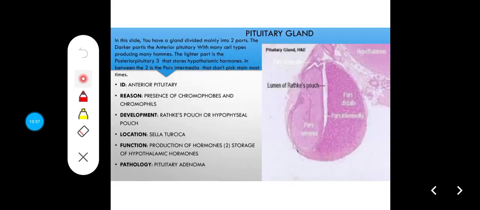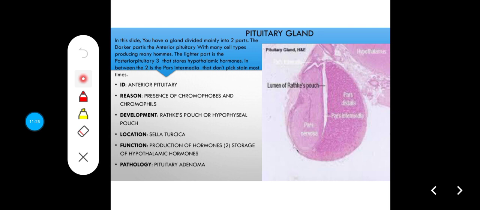Okay, so that's it for the thyroid. The next organ that we are going to look at is the pituitary gland. So let's read the side notes. In this slide, you have a gland divided into two main parts. The darker part represents the anterior pituitary, with many cell types producing many hormones.